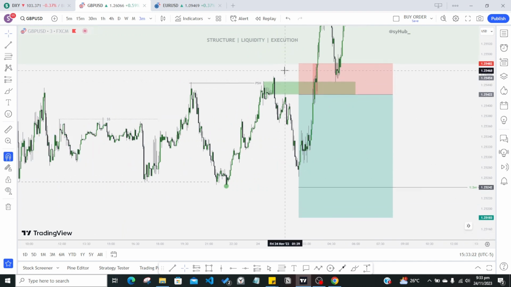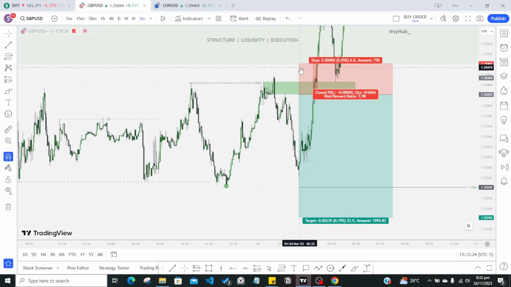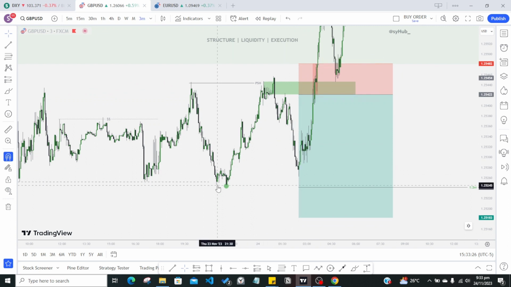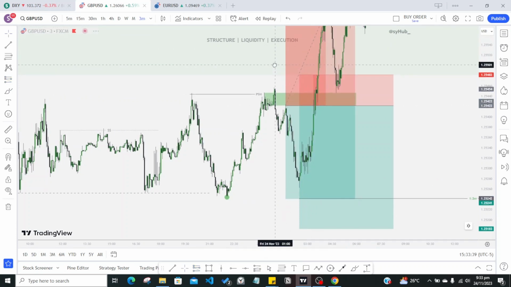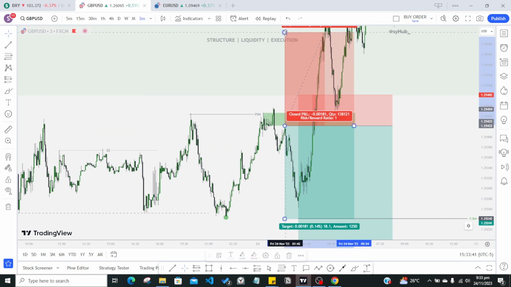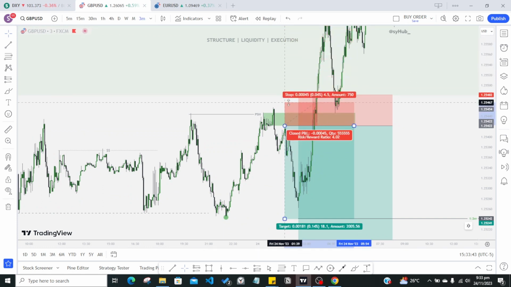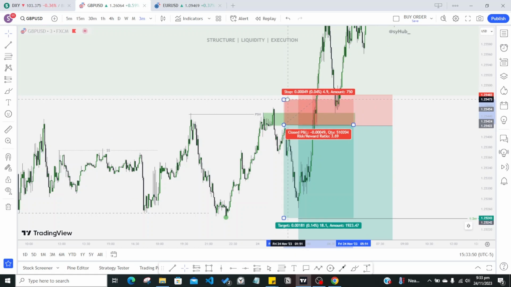So if I had reduced my stop loss by a pip here, let me just put the short position so you guys will understand what I'm saying. If I had my entry here as it is, then I targeted a 5 pip stop loss instead of the 6 I had originally.